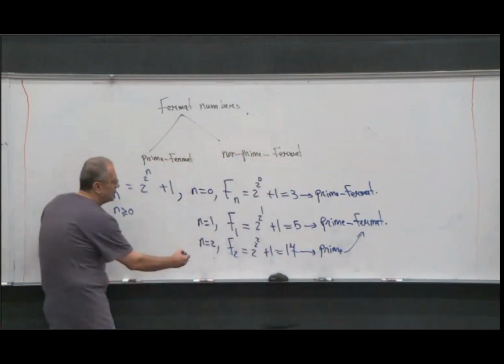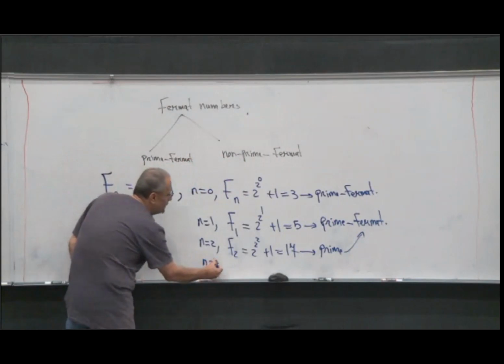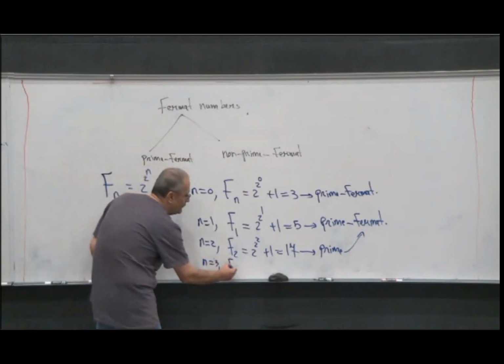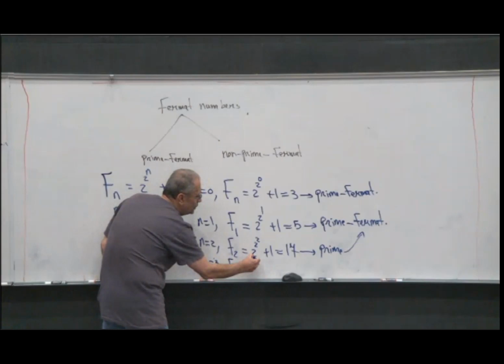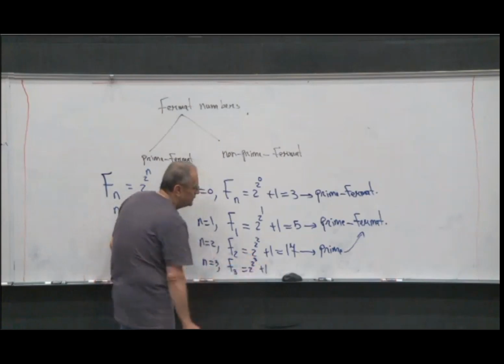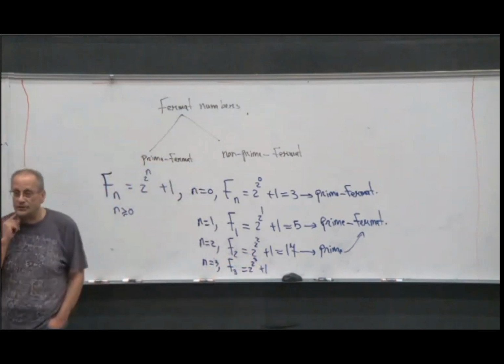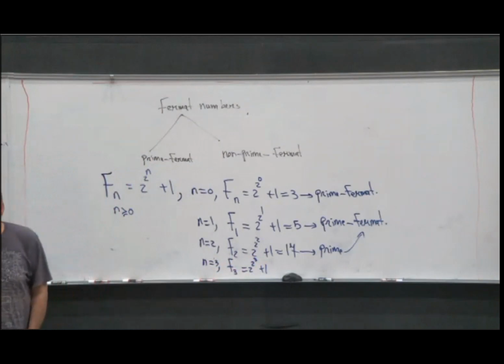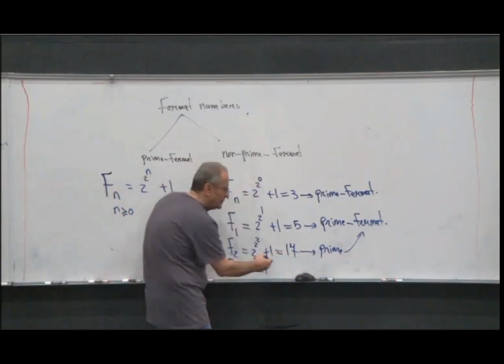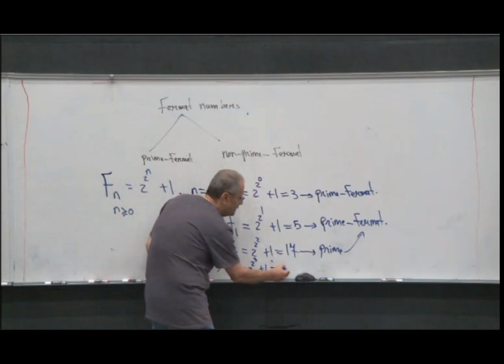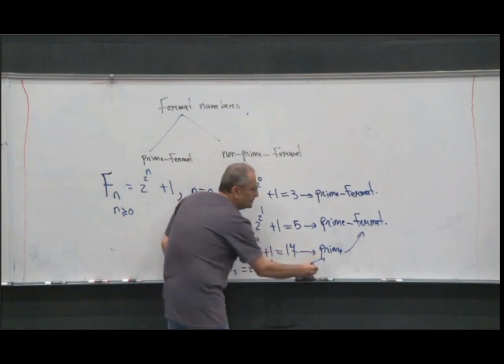Okay? If you try n equal 3, what will be F3? 2 to the 8 plus 1. Anybody have a calculator? We need a calculator. It's 257. Is that prime?